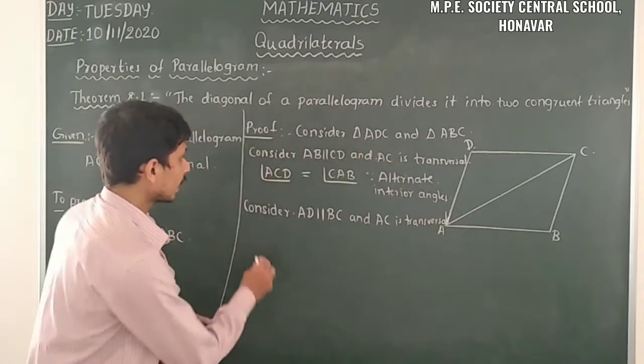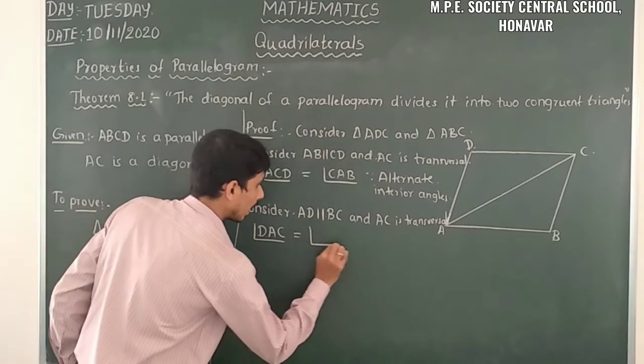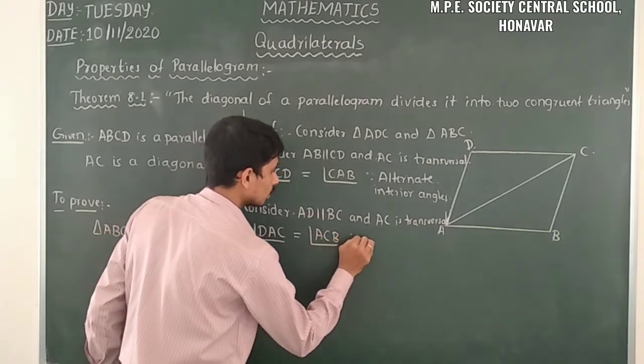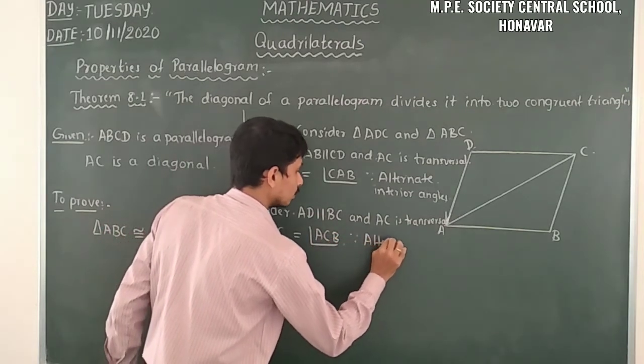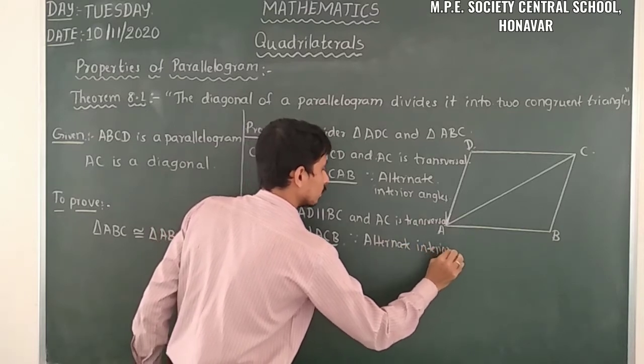Angle DAC is equal to angle ACB, because they are alternate interior angles.